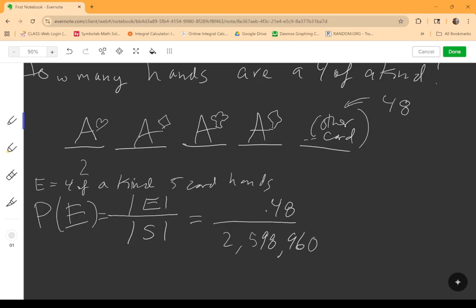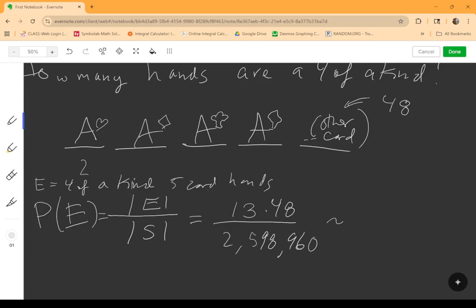So that 48 by the product principle is there, but then I have to account for all the other different 4 of a kind, and there are 13 different 4 of a kinds we can have, right? Ace, 2, 3, 4, etc. to 10, and then the face cards Jack, Queen, and King.